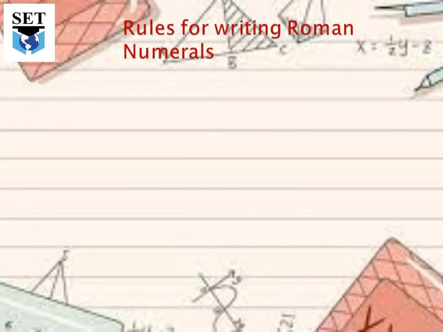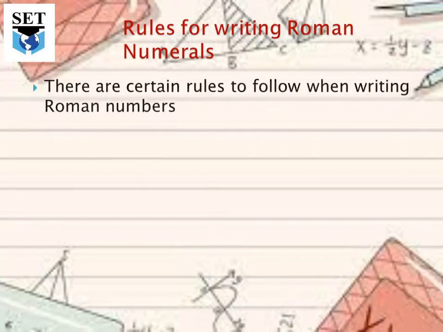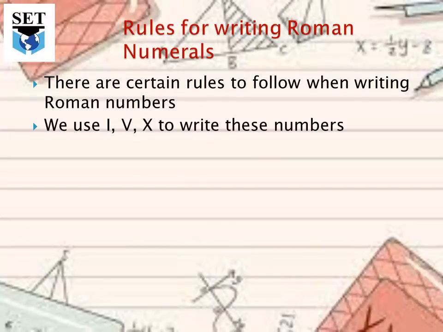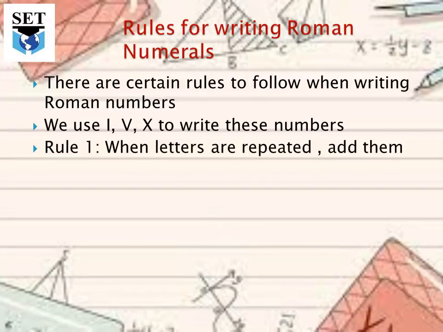Rules for writing Roman numerals. There are certain rules to follow when writing Roman numerals. We use I, V, X to write these numbers. Rule 1. When letters are repeated, add them.